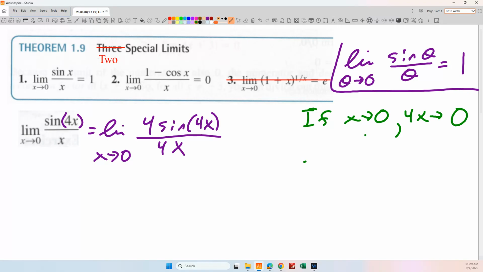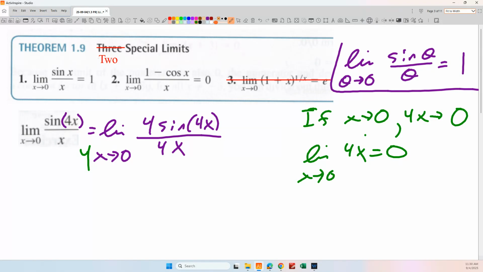And you could justify that by just saying the limit of 4x as x approaches 0 is 0. We don't have to defend it that way, though. We're able to just tack a 4 on there because that has to be true. If x is approaching 0, some multiple of x also is going to approach 0, right? That make sense? Okay, that looks pretty good.